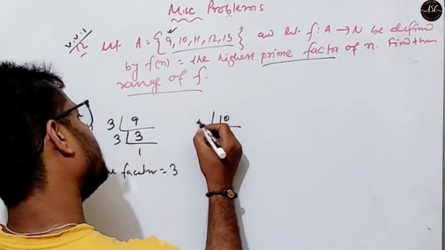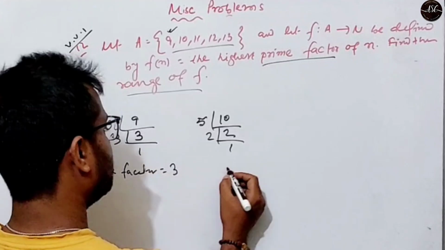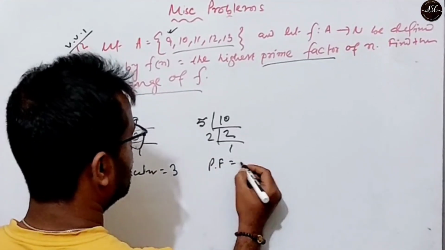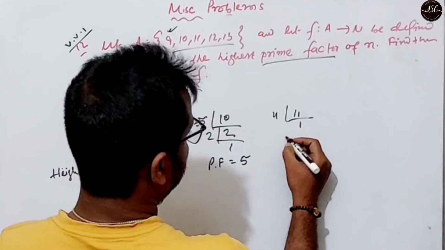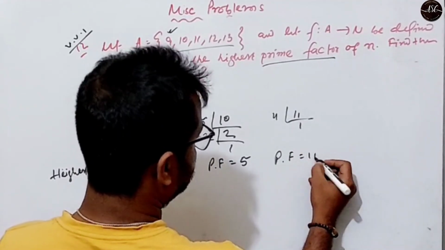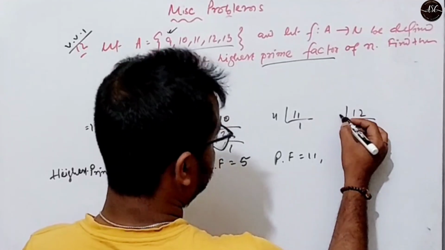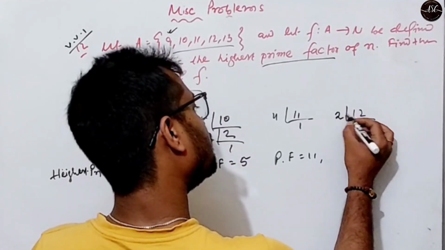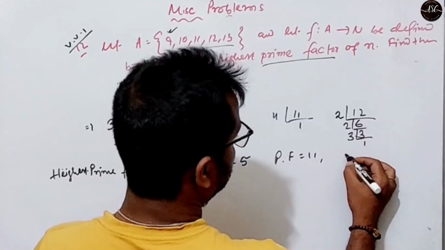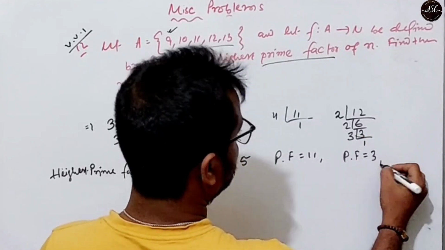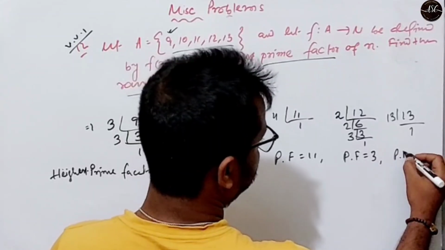From 10 we get 5, 2, so the highest prime factor is 5. For 11 the prime factor is 11. For 12 equal to 2, 6, 2, 3, 3, 1, the prime factor is 3. For 13 we get 13 as the highest prime factor.